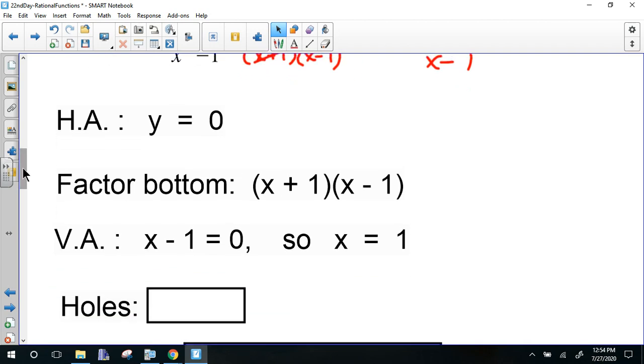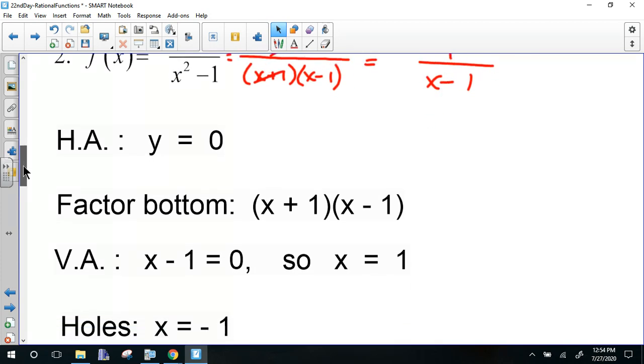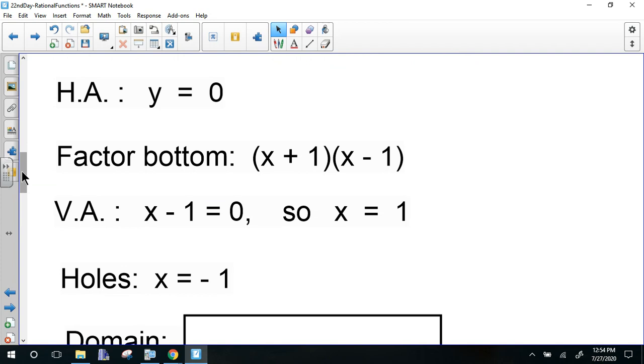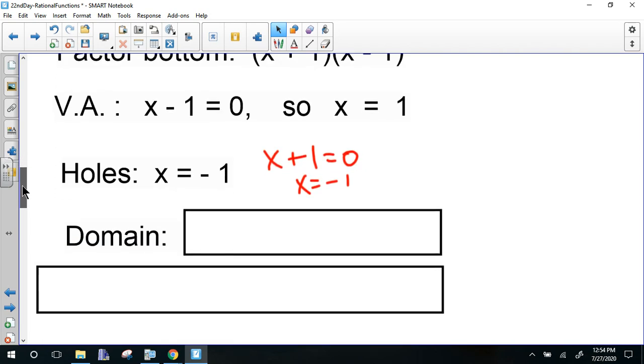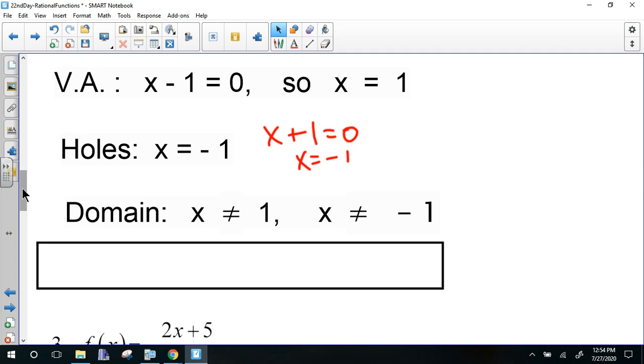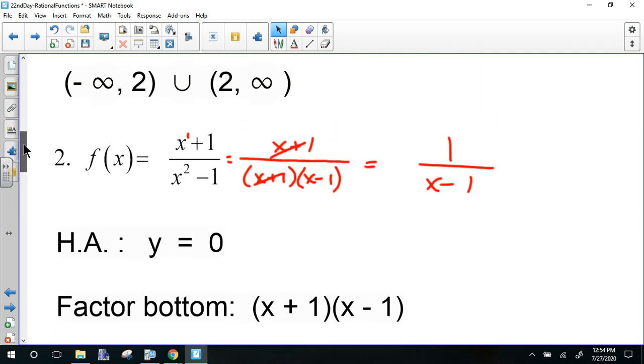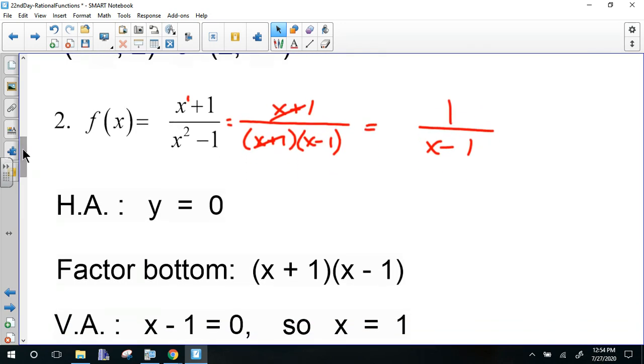We're going to have holes at what canceled out. The x plus 1 canceled out. So if you take x plus 1, set it equal to 0, and solve, you get -1. So at x equals -1, there is a hole in the graph. Our domain can't equal 1, can't equal -1. You set the denominator not equal to 0.